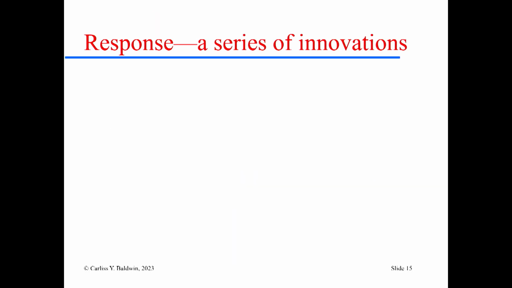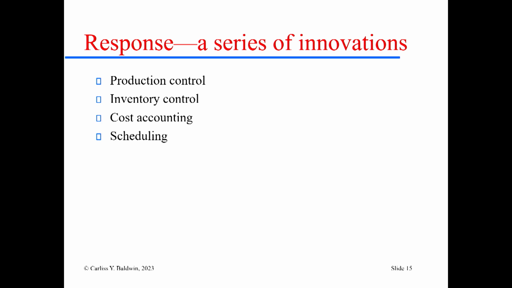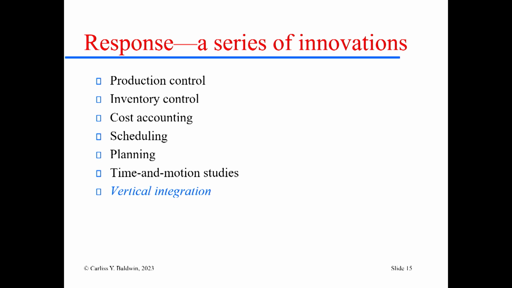And the response of society was a series of actually very marvelous innovations, many of which came from MIT. Production control, inventory control, cost accounting, scheduling, planning, time and motion studies, vertical integration was the financial contribution.